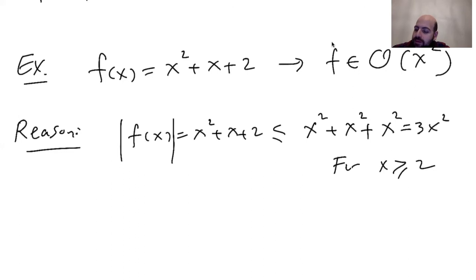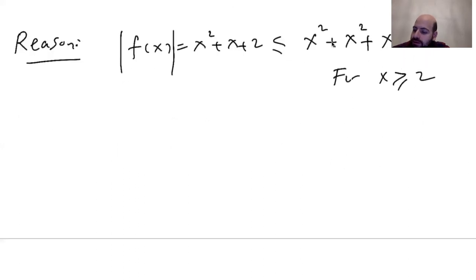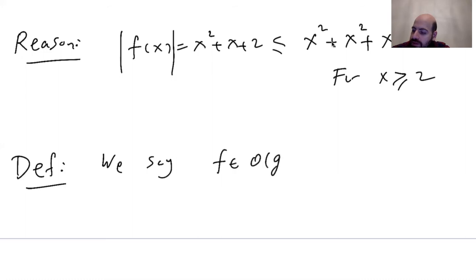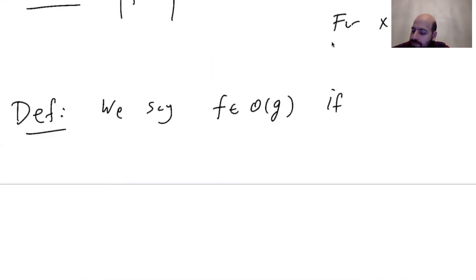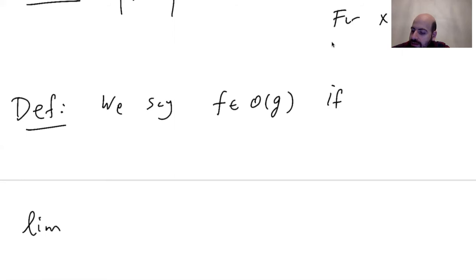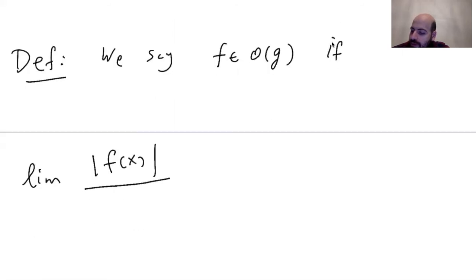All right. So another notation is small o notation. We say f is small o of g if the limit of the absolute value of f(x) over the absolute value of g(x) as x goes to infinity is 0.